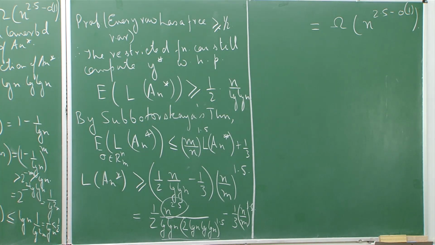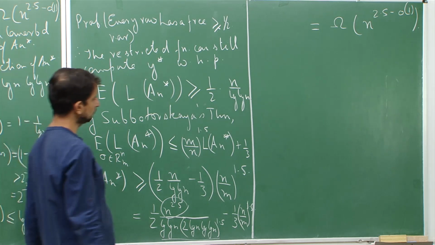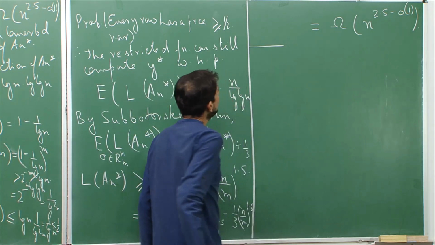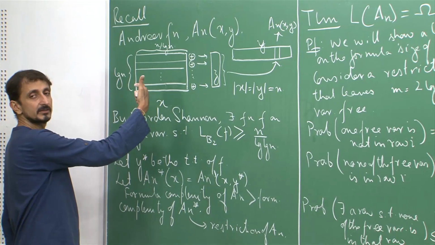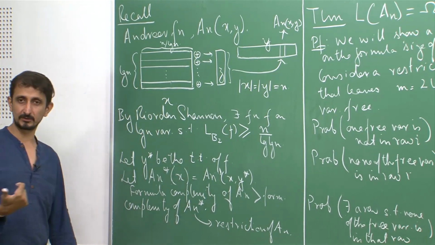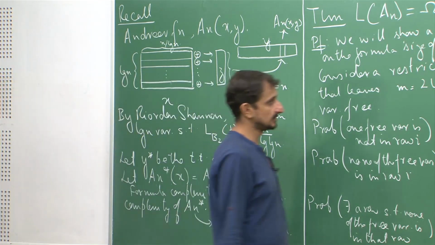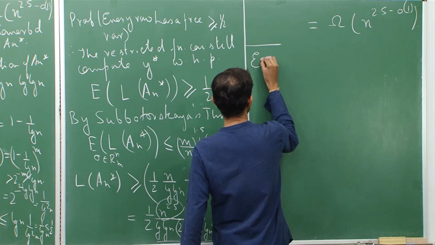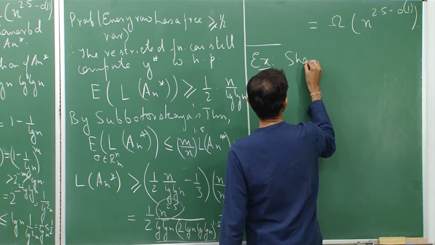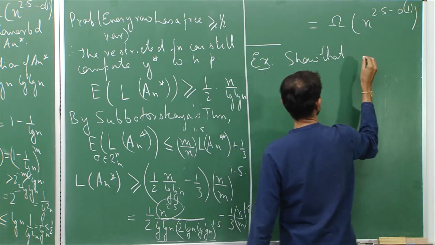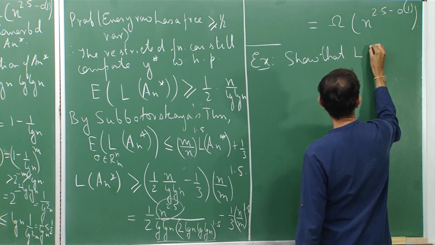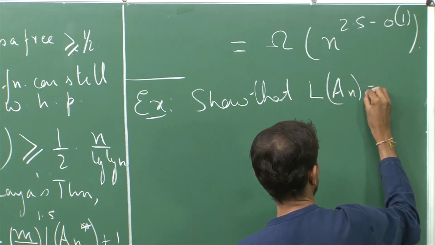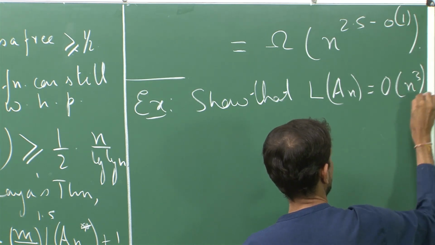So, this is the proof. Actually, one can show quite easily that there also exists an n cube upper bound for this function. I will just give that as homework. Exercise: show that L of A n is in order of n cube.